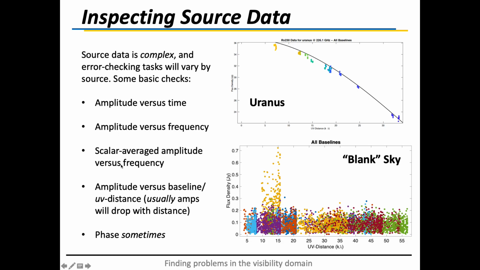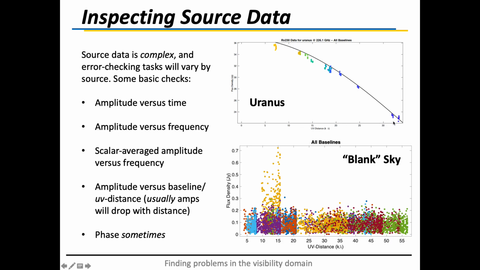Another one that can be a little tricky to use, but is sometimes very helpful, is actually looking at amplitude versus baseline, or amplitude versus UV distance. Typically, when you look at baselines of longer and longer distances, they tend to resolve more and more flux out. So you typically see this trend of decreasing amplitudes as you go to further and further UV distance.